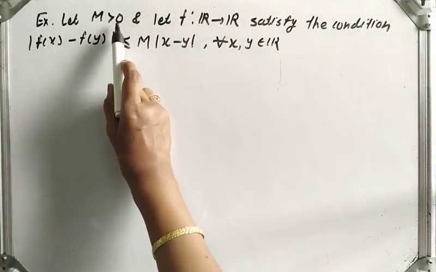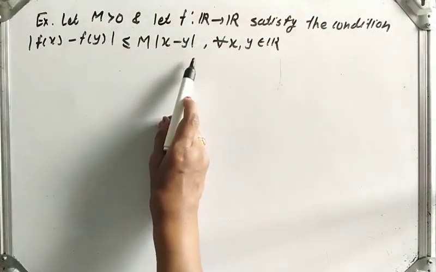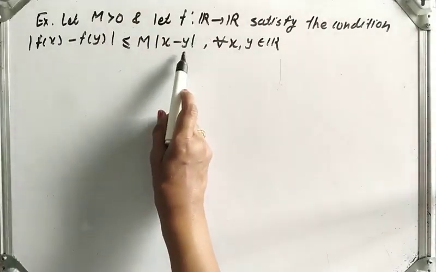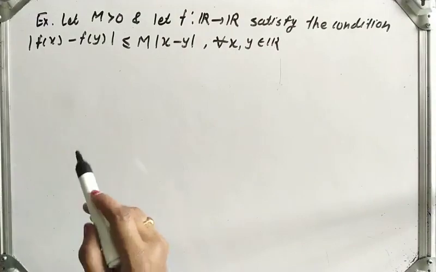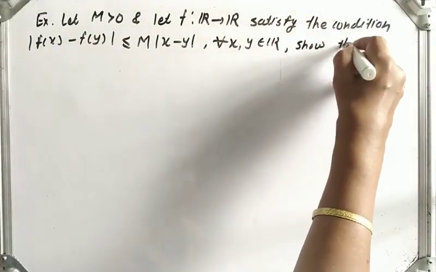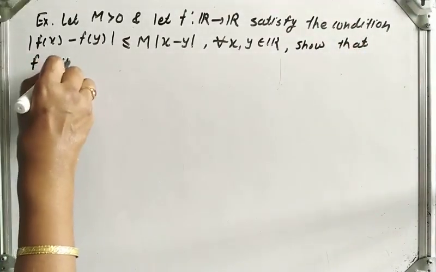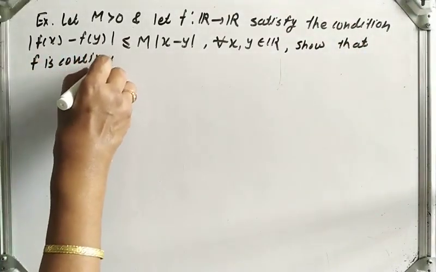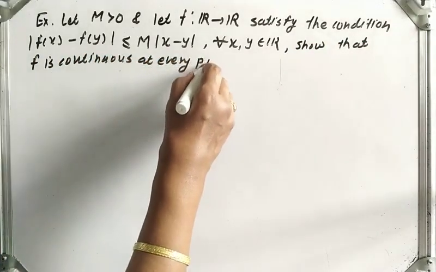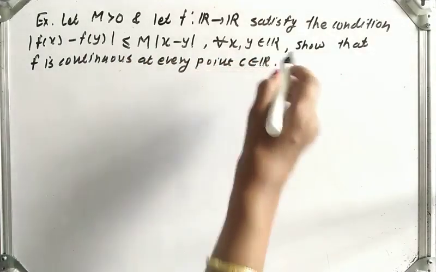M is a positive real number, f is a function from R to R satisfying this condition. Mod f x minus f y is always less than or equal to M into mod x minus y for all x, y belongs to R. Question is, show that f is continuous at every point c belongs to R.